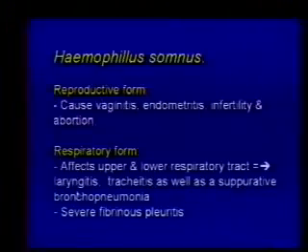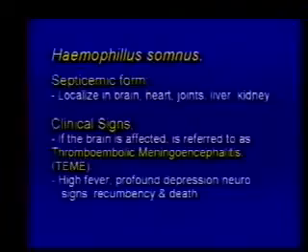It may lead to a laryngitis or a tracheitis, as well as a suppurative bronchopneumonia with severe fibrinous pleuritis. Okay, so this tends to be a little bit more aggressive, a little bit angrier, if you will, than the Pasteurella type pneumonia. But don't forget that there is a reproductive form, and there's also a respiratory form.